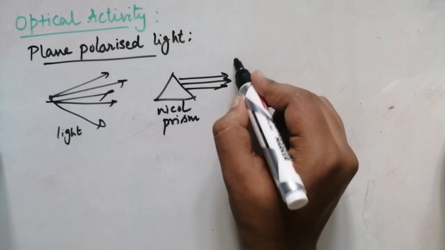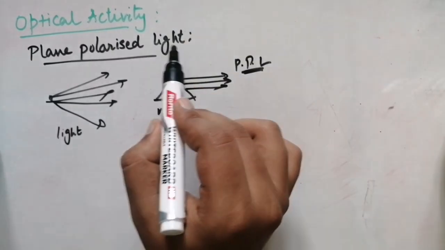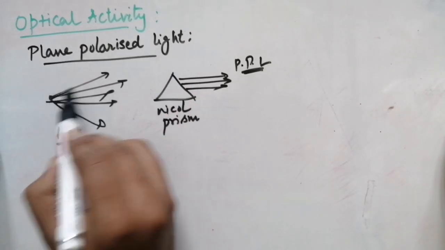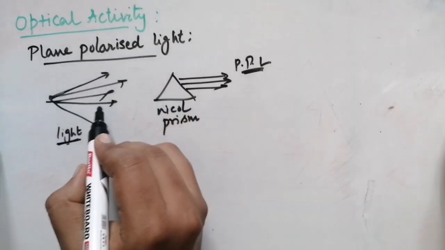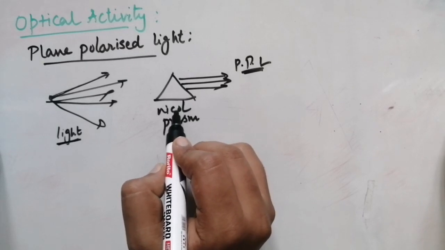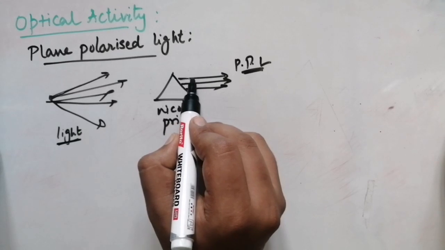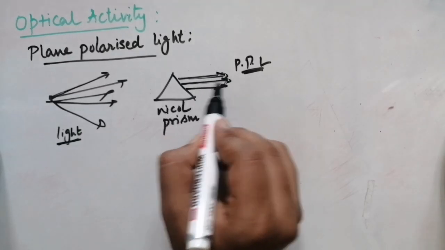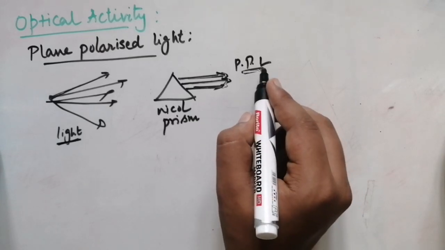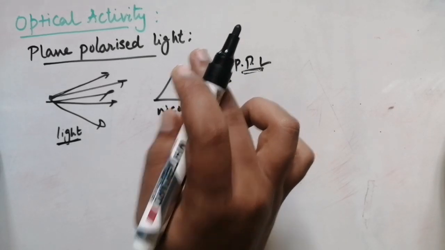That light is called plane polarized light. So plane polarized light means the normal light, which travels in all directions, when passed through a Nicol prism emerges as light which travels only in one direction, and that light is called plane polarized light.